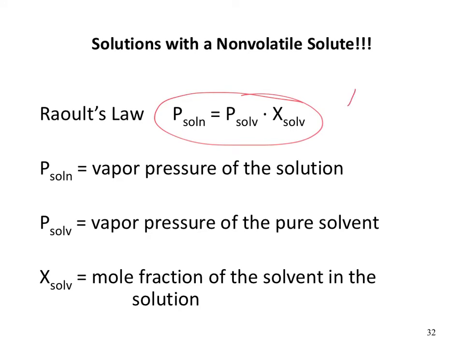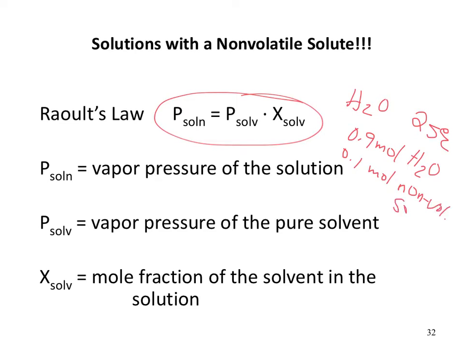You have a water sample, and that water sample is being maintained at 25 degrees Celsius, all right? And it contains maybe 0.9 moles of water and perhaps 0.1 moles of the non-volatile solute, so something like glucose or sugar, non-volatile solute.